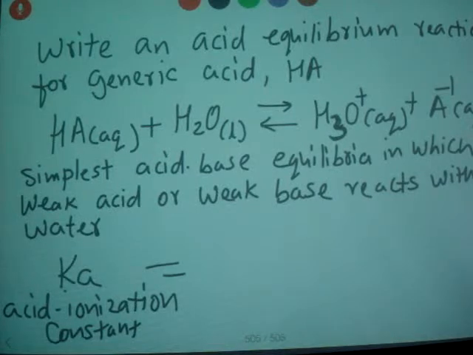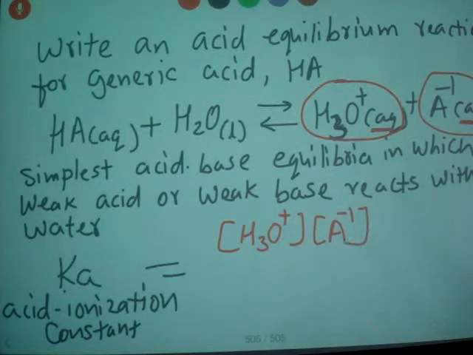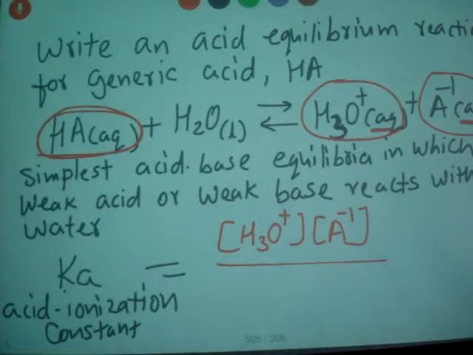Whenever we write an equilibrium constant, these are the products, and they are in aqueous forms, right? So what we learned last time: H3O plus product concentration, A minus product concentration, divided by HA, that's in aqueous form.